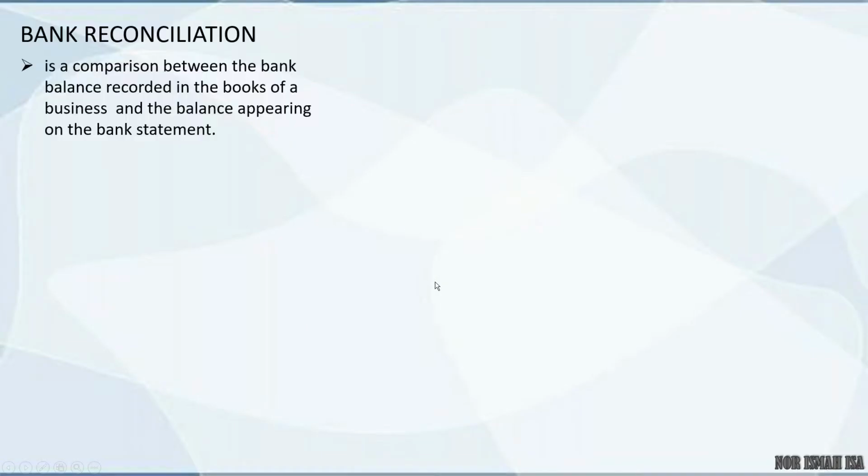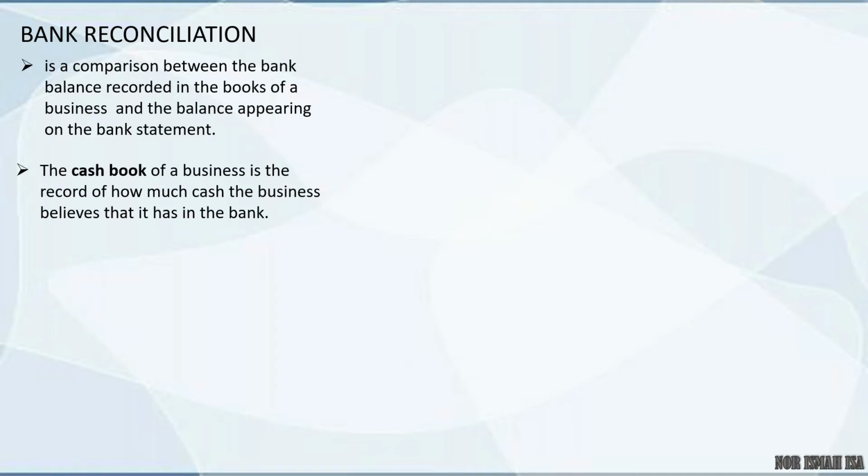We start with the meaning of balance reconciliation. A balance reconciliation is a comparison between the bank balance recorded in the books of a business and the balance appearing on the bank statement.